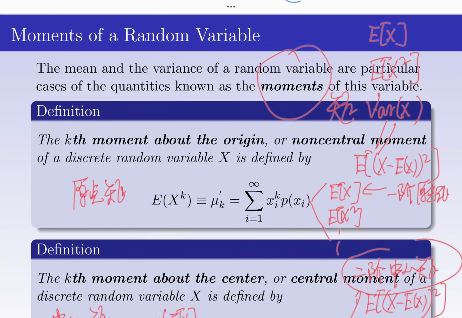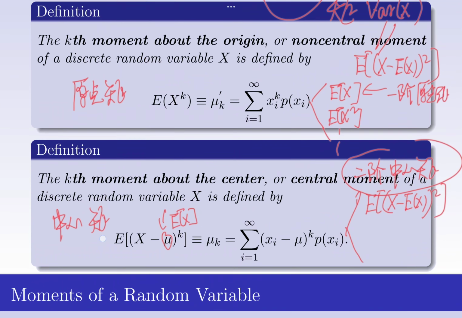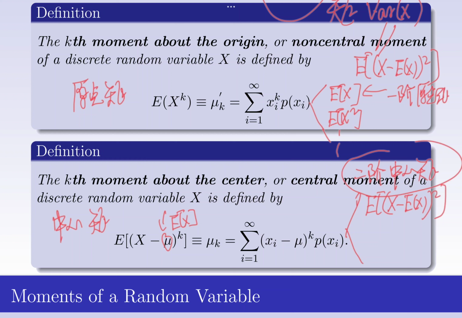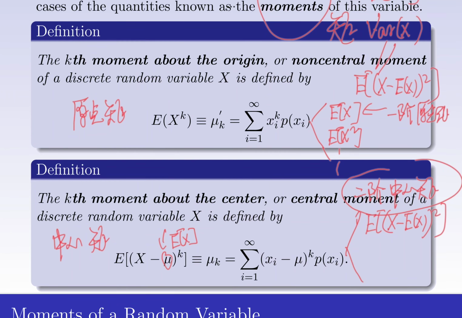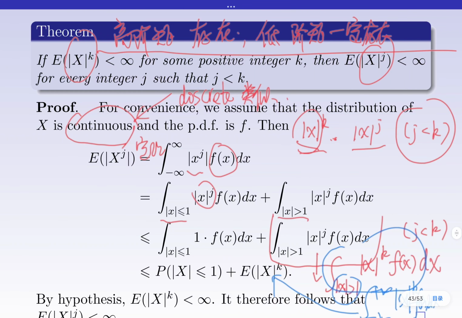Oh, I think I know. The case moment, or standard central moment, of the discrete variable is E of x minus the mean to the k. It's weird.